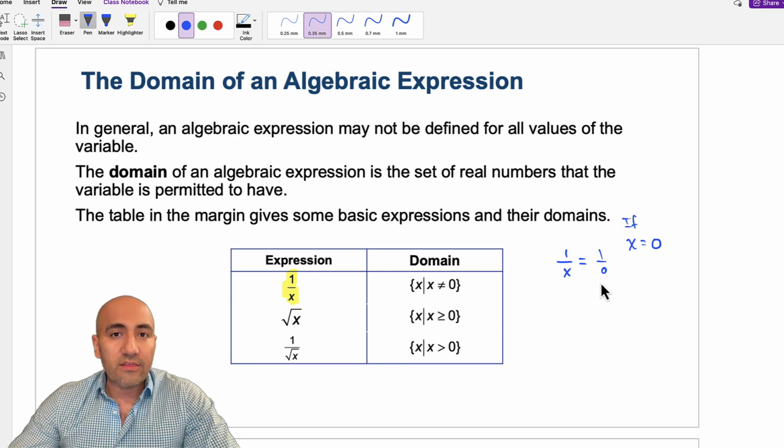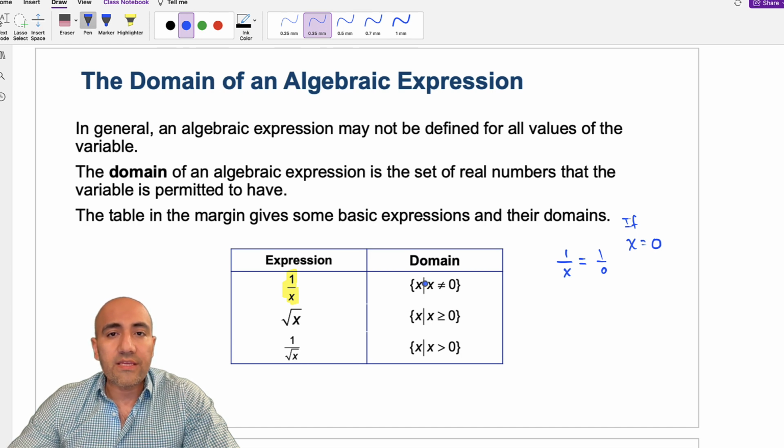So when we talk about the domain, very often what we do is think about the things you're not allowed to have and then say, by default, everything else is okay. This style of notation expresses that for us. This is set builder notation. We use the curly brackets on the edges, and then we write down the variable, in this case x.